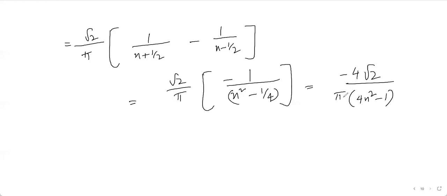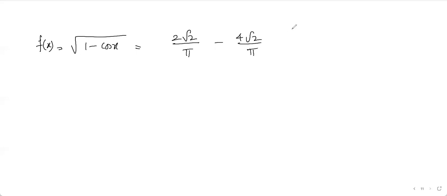So we got the results for a naught and a n. Now let us substitute this finally. The function f of x, which is root of 1 minus cos x, will be 2 root 2 by pi minus 4 root 2 by pi summation n equals 1 to infinity cos nx by (4n squared minus 1).